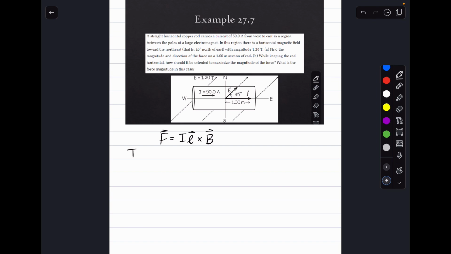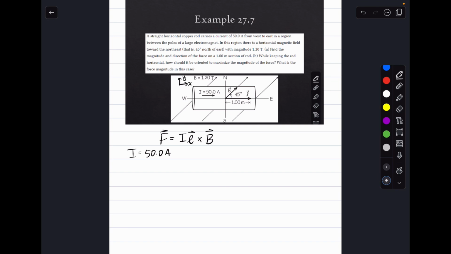Well, we know that I is 50, and that current moves from west to east. So what we could do, instead of using northeast, southwest, is throw a Cartesian coordinate system on here.